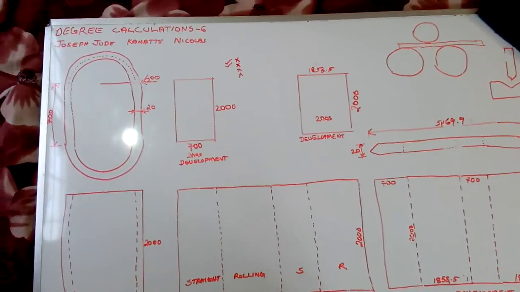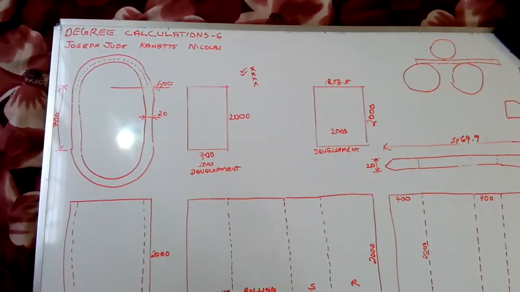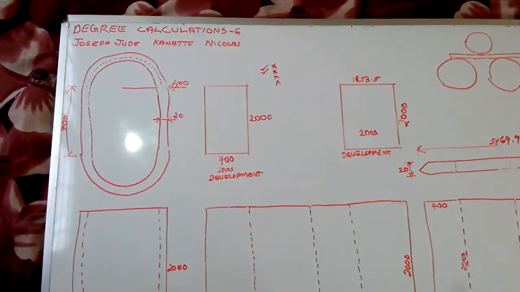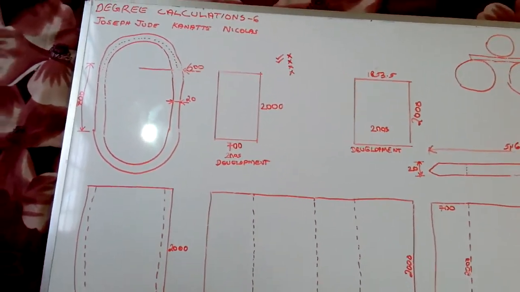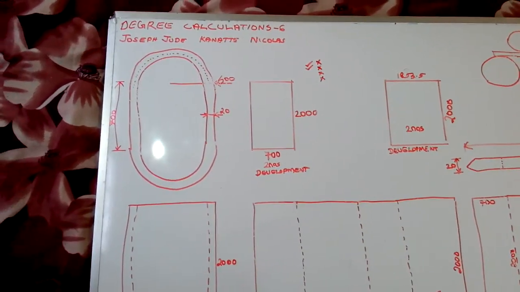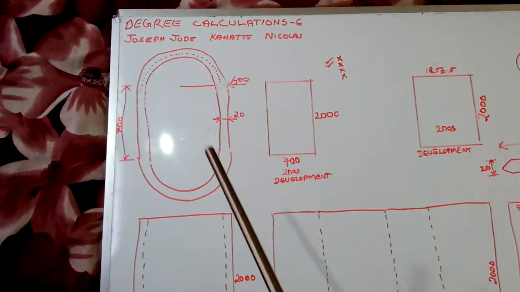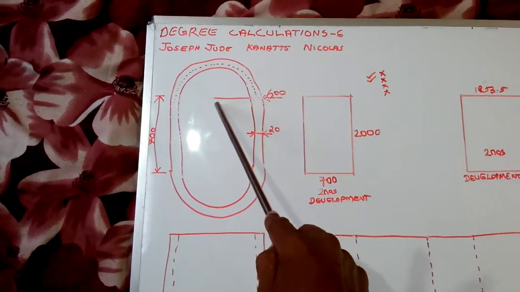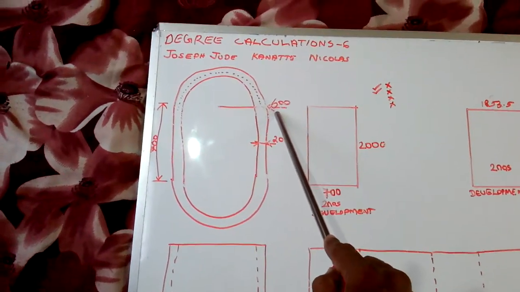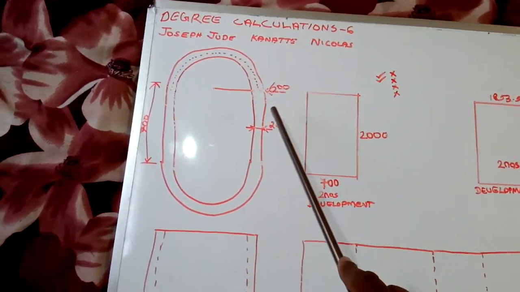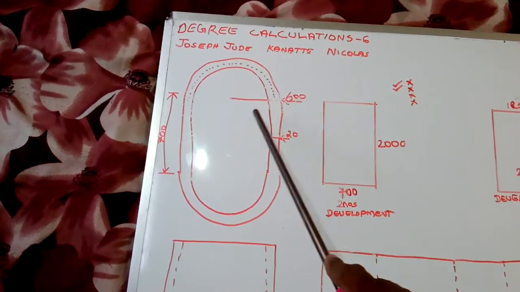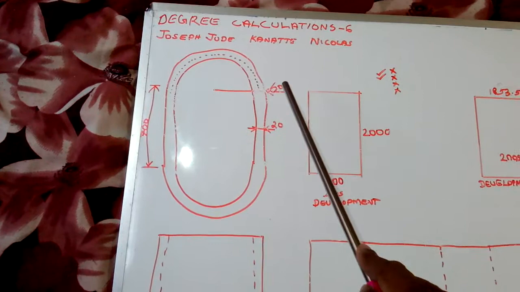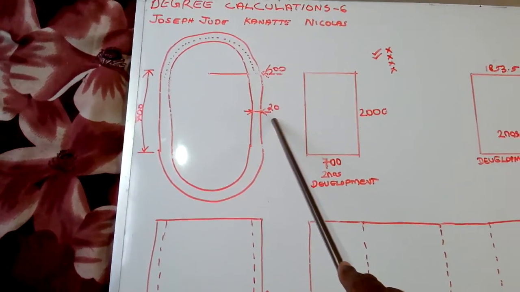Last time, in the 5th episode, I gave you one exercise: one oval shaped job. Its radius is 600, from here to here, measured from the center to the outside, and its thickness is 20 mm.